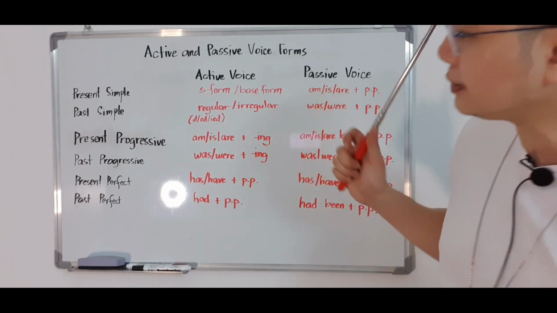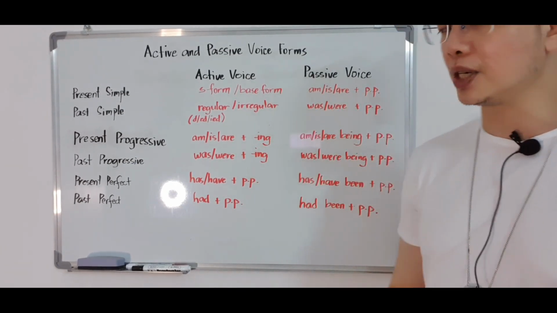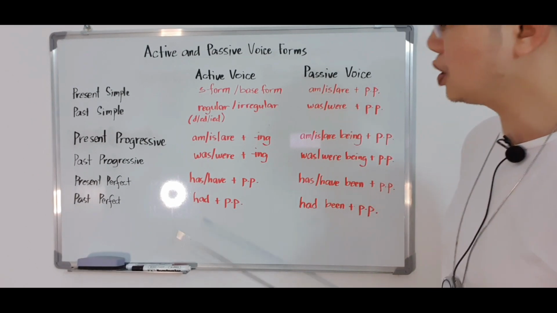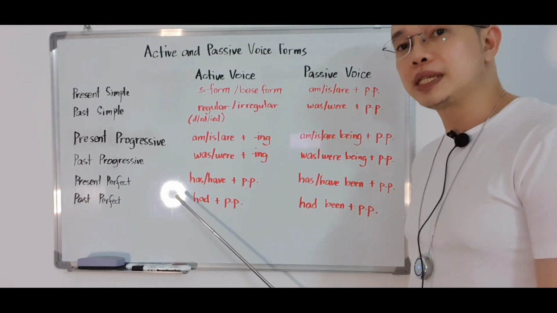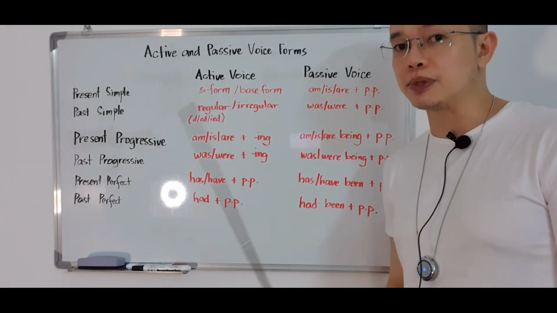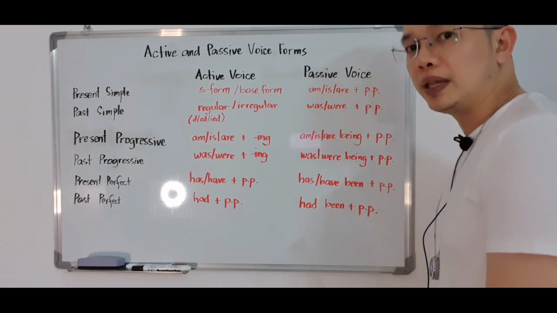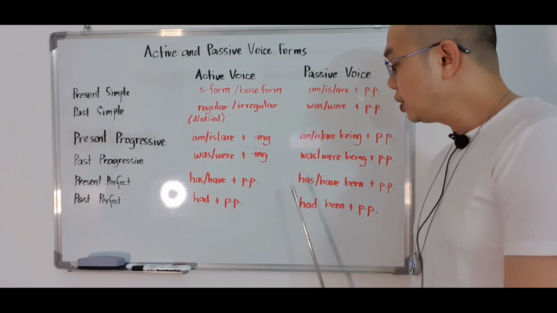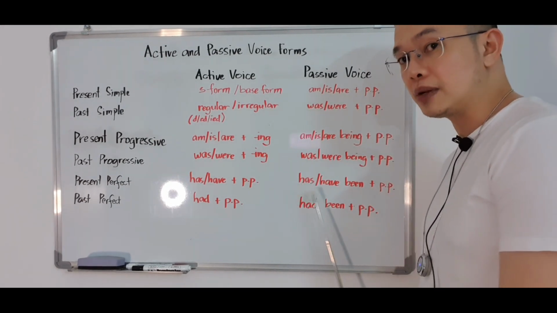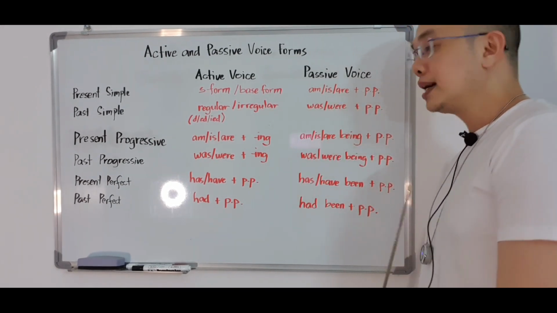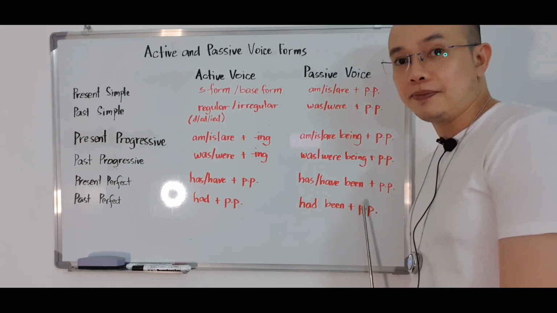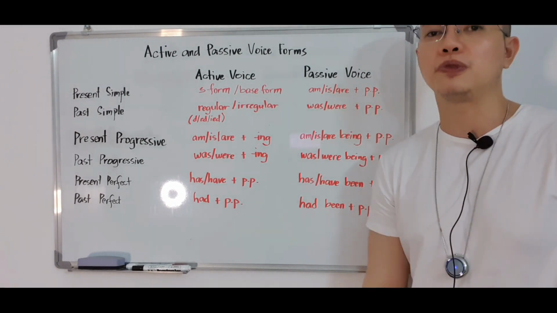Okay, now let's go to the perfect tenses. All right, for present perfect, you're going to use has here for singular subject, have for plural subject, and then the past participle form. Okay, now in the passive voice, you're going to use has again for singular subject, have for plural subject, and then been this time, and the past participle form.